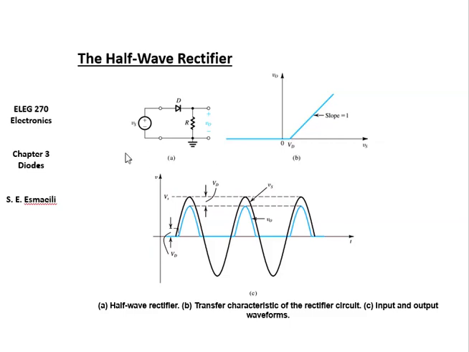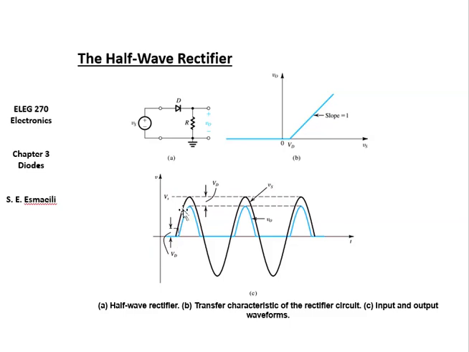But let's look back. Imagine this Vs is now an AC signal, a sinusoidal signal, like this shape. When we are on the positive cycle, the diode is passing for the case that we are more than 0.7, right?